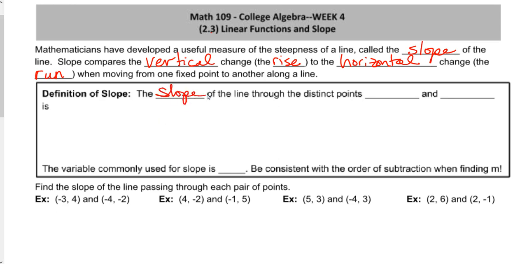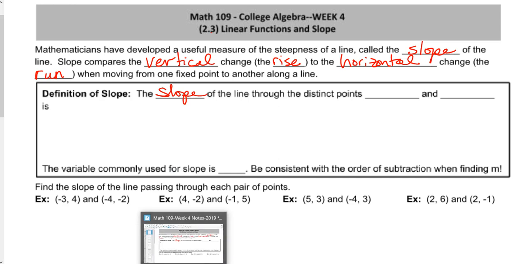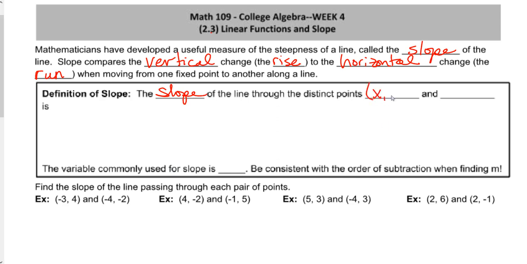So the slope of a line through any two distinct points, meaning different points, call them x1, y1, and x2, y2, is, now we'll get the formula here in just a minute, but I want to give you some terminology that we sometimes use. The change in y is our vertical change.